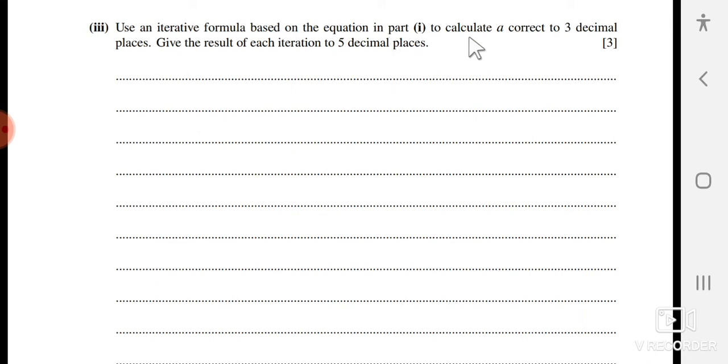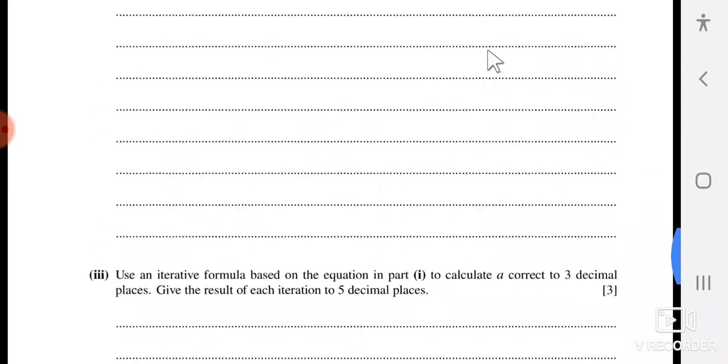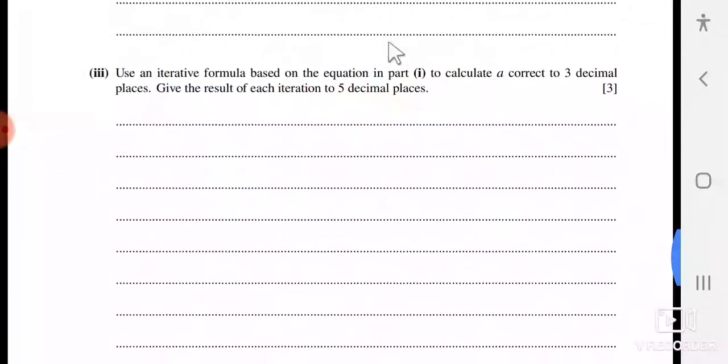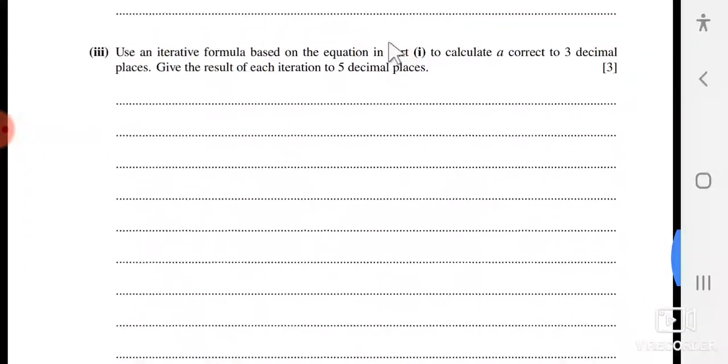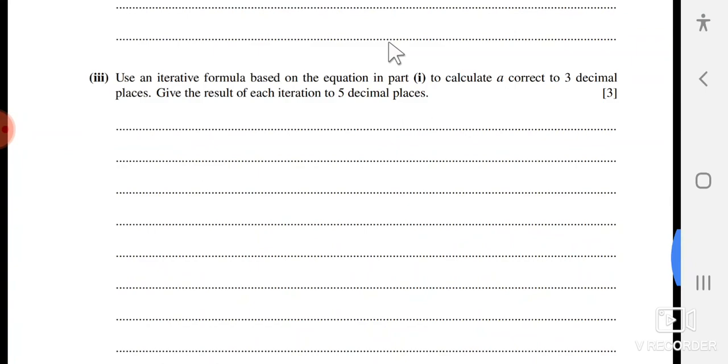This is an iteration question, so you will use the iteration steps method, and it's easy if you take the midpoint of these two values. This way you will crack this question.